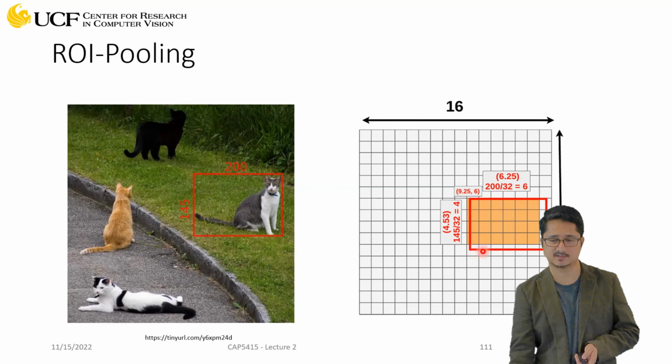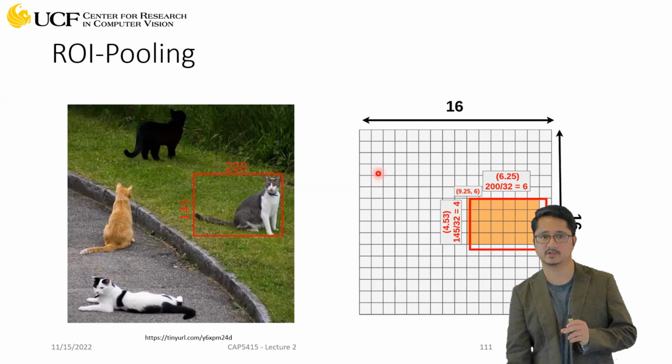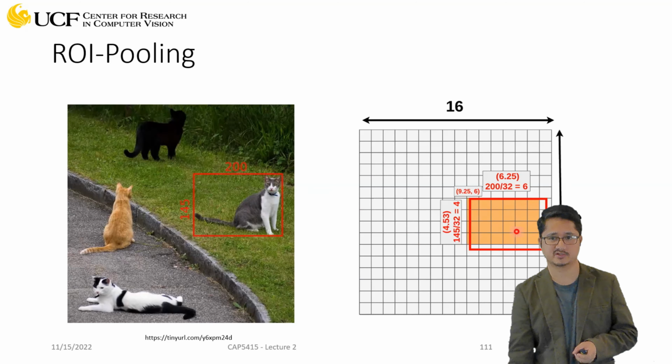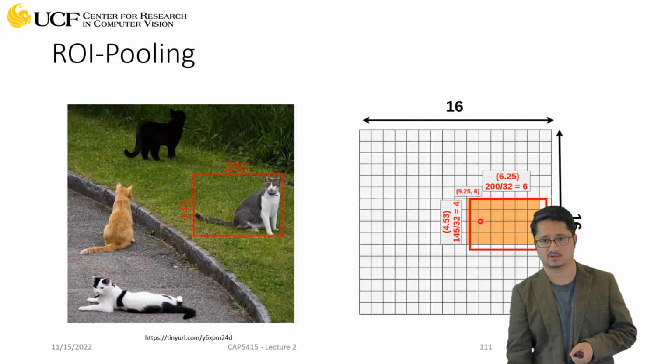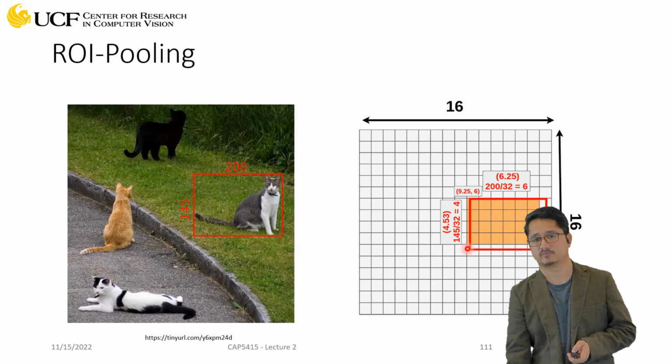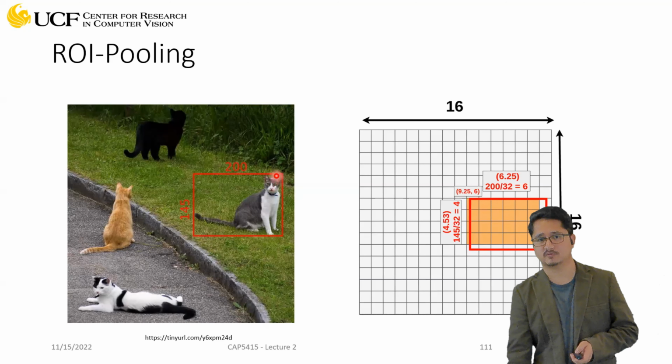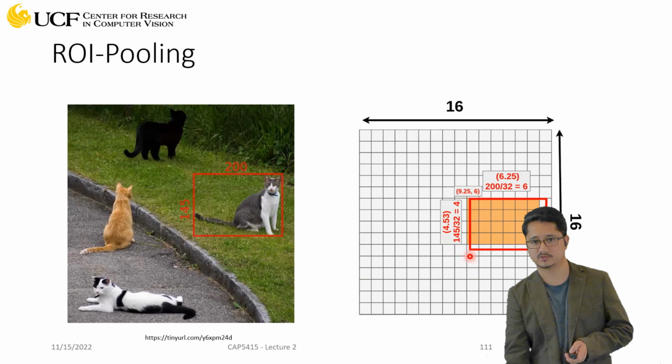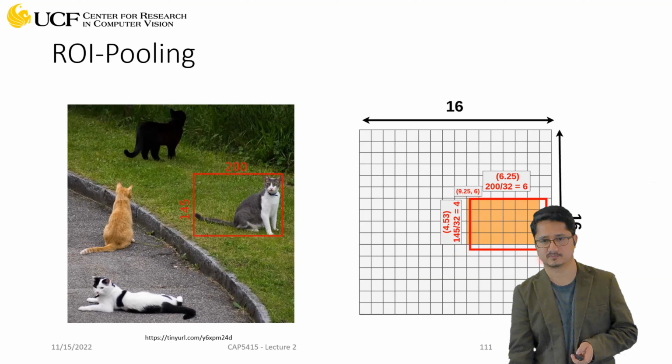So the red one is the actual proposal in your input image, but after adjustment, it becomes this orange region over here. Now, if you think about this, some of these pixel values over here were used to extract these activations, but in fact we are not using them after the ROI pooling operation. That's one of the limitations. We are actually losing information.